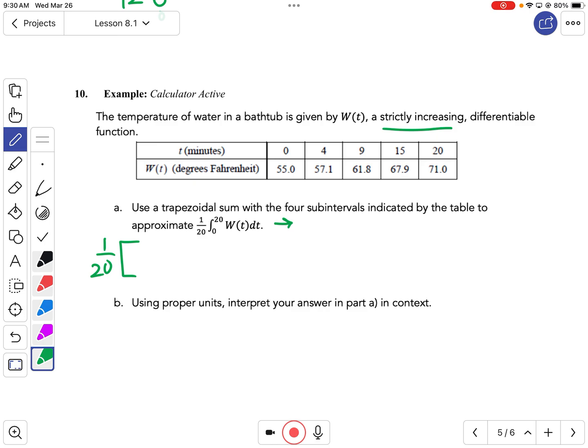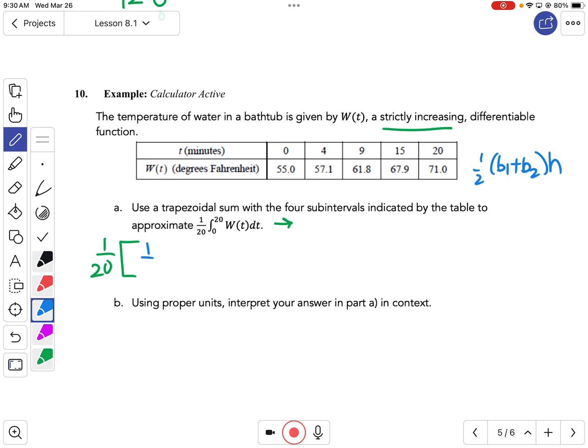In a hot minute, all right? So let's think about it for just a second. How do we find area of trapezoids? 1/2 base 1 plus base 2 times the height. You got it, okay?